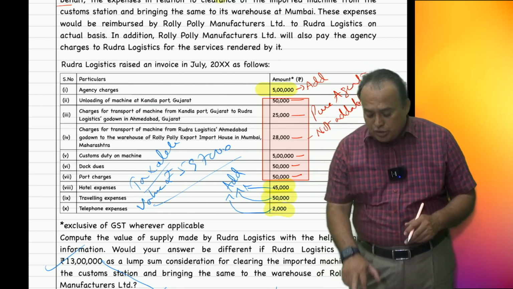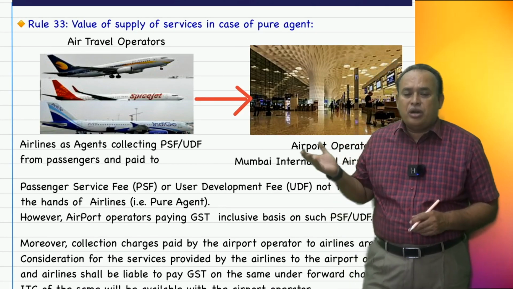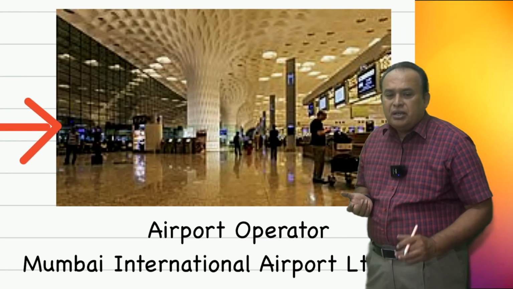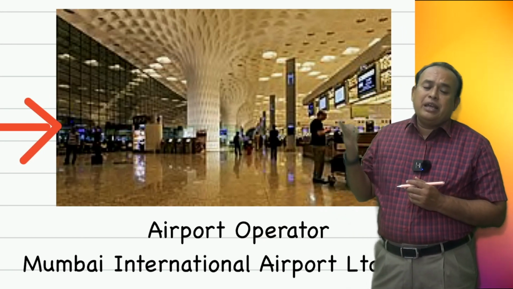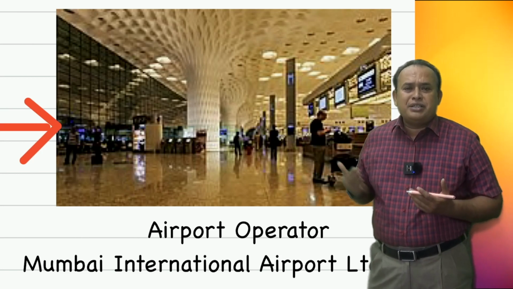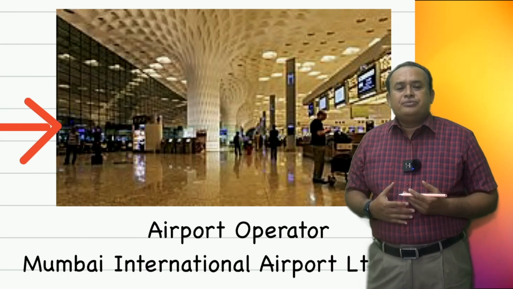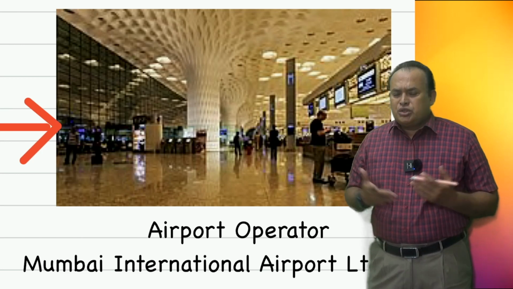Now I bring to your notice a circular of the CBIC in this regard. If you refer here, my dear sir, it is the Mumbai International Airport. Excellent. When we enter the Mumbai International Airport, it looks like a 7-star hotel. So beautiful, so hygienic.